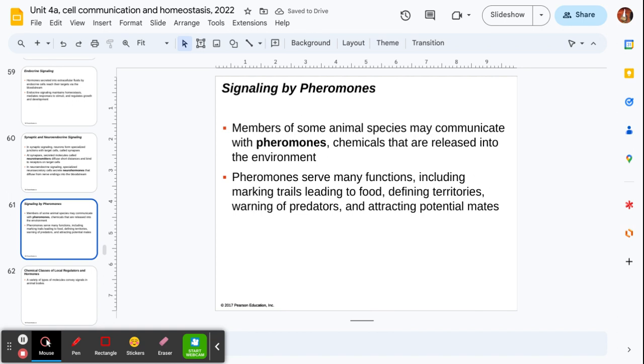All the things we've been talking about so far are internal, meaning that it's one cell in your body communicating with another cell in your body. There's also something called pheromones. And pheromones are communication messages that are given off into the environment.